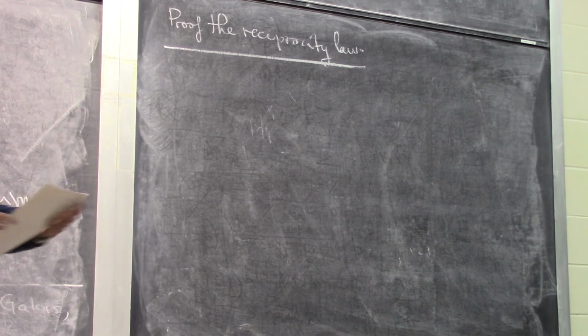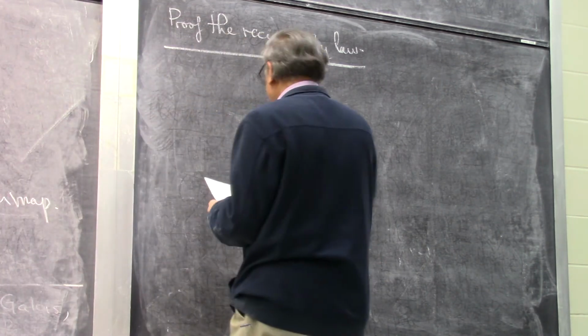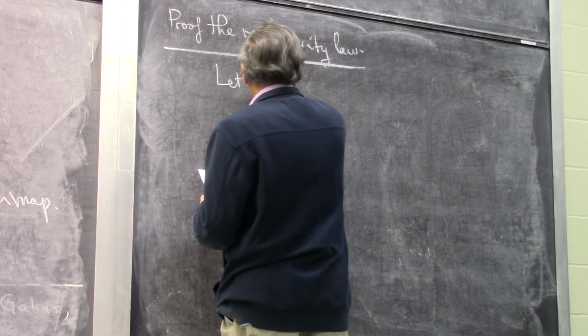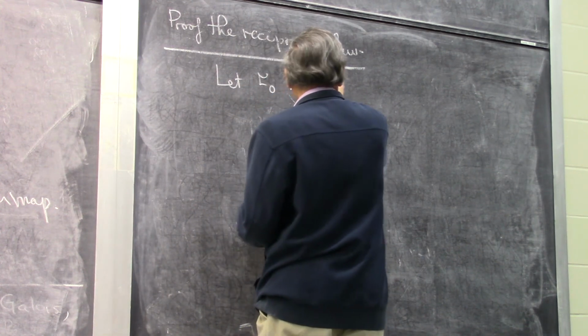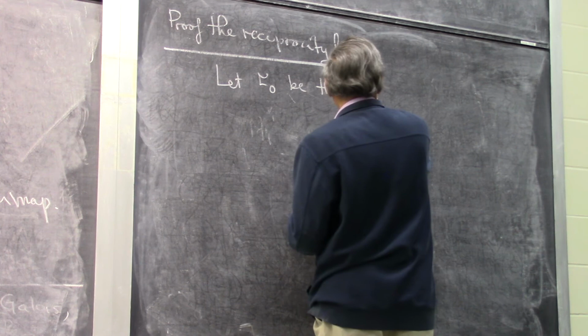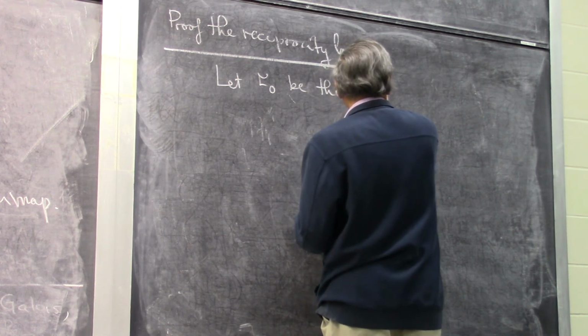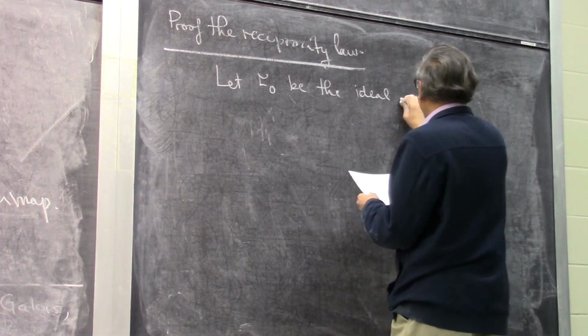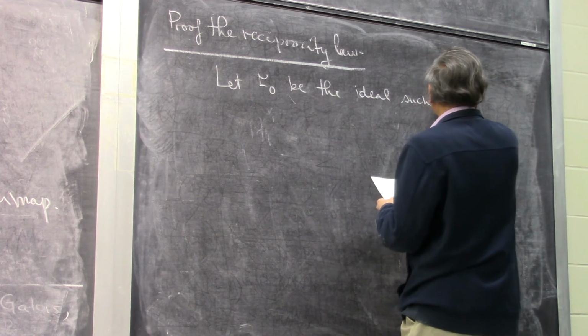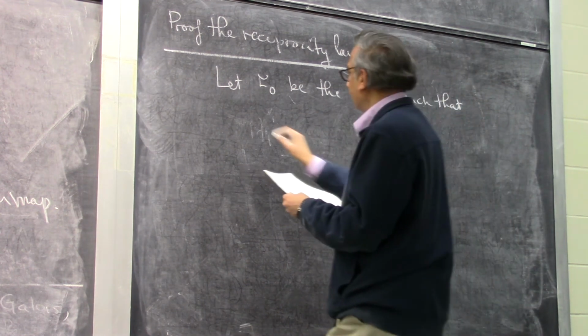Begin with that cycle that Takagi produced. So let C naught be the generalized ideal such that we have equality.